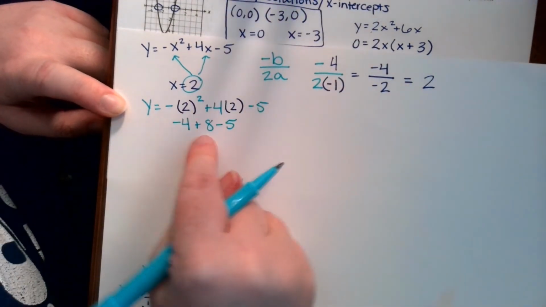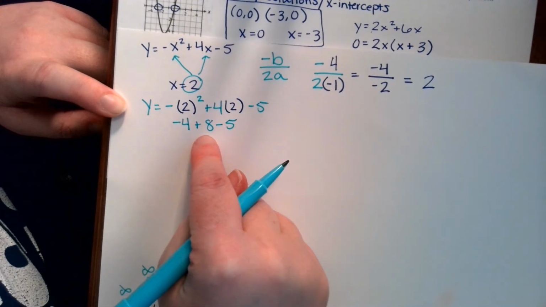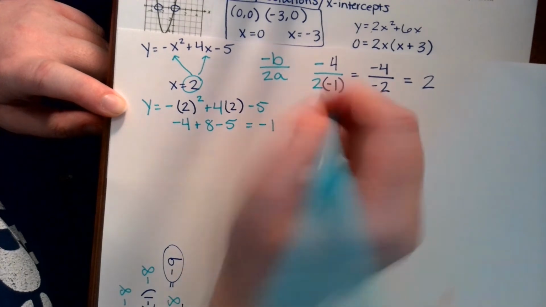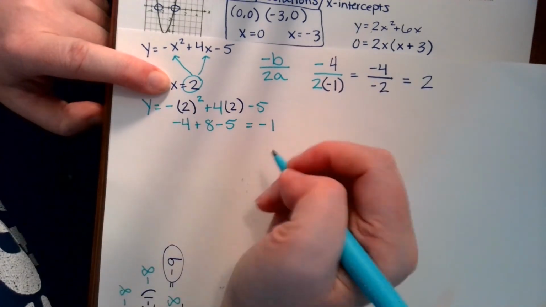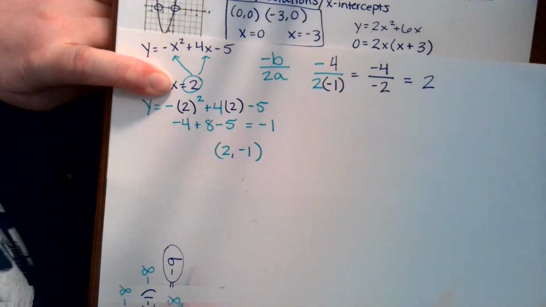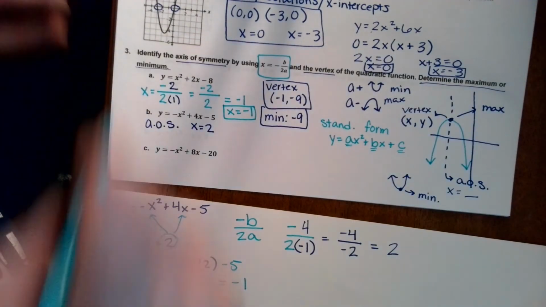Okay, so -4 plus 8 is 4. 4 minus 5 is -1. So my vertex, remember my x is 2 and my y is -1. So my vertex is 2, -1.